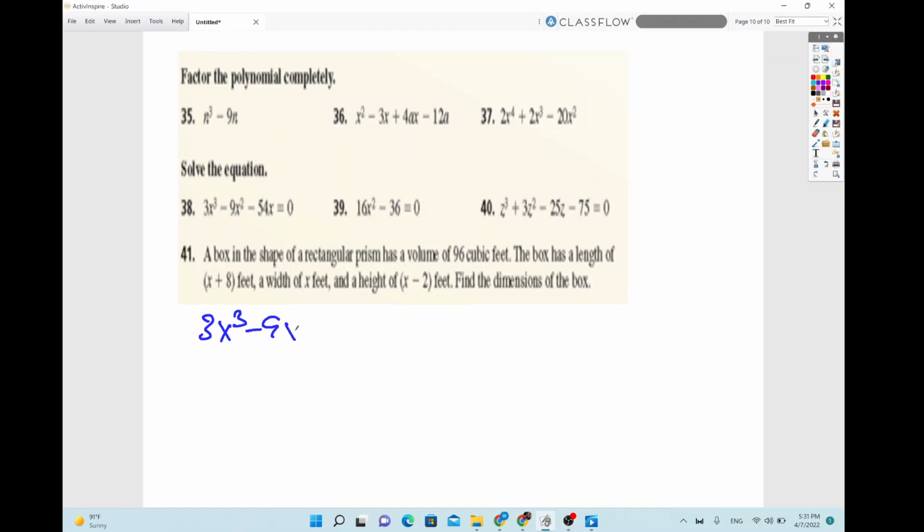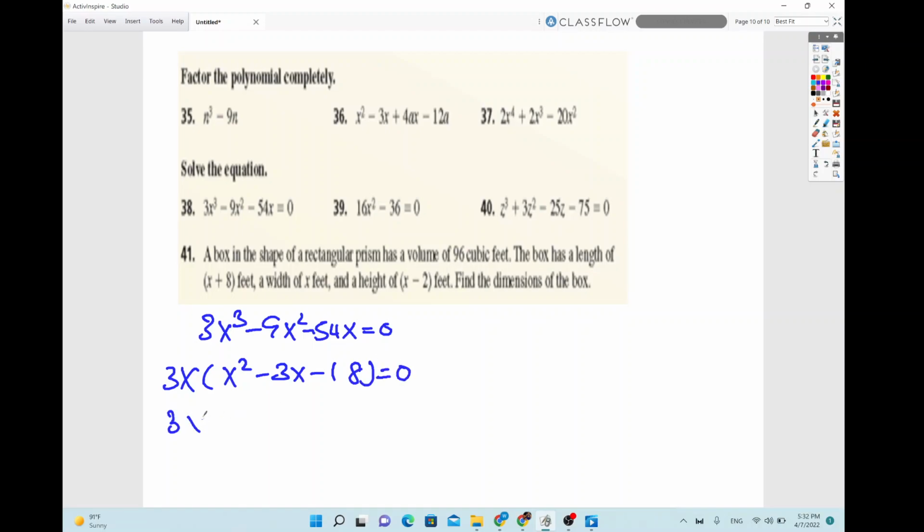So 3x to the power of 3 minus 9x squared minus 54x. For this one we take out the greatest common factor, 3x. What we found is x squared minus 3x, and then minus 54 divided by 3, which is 18.